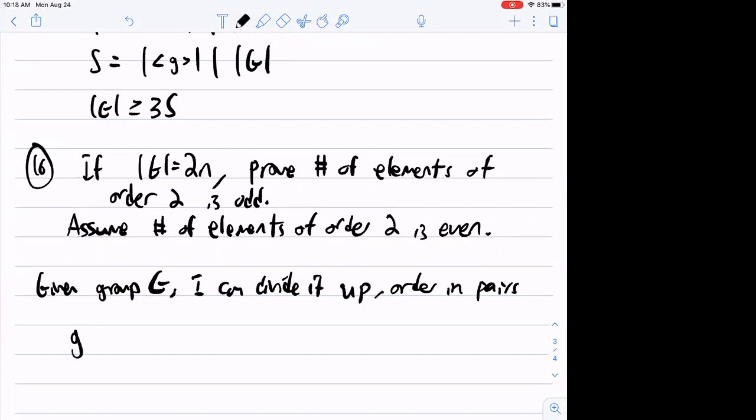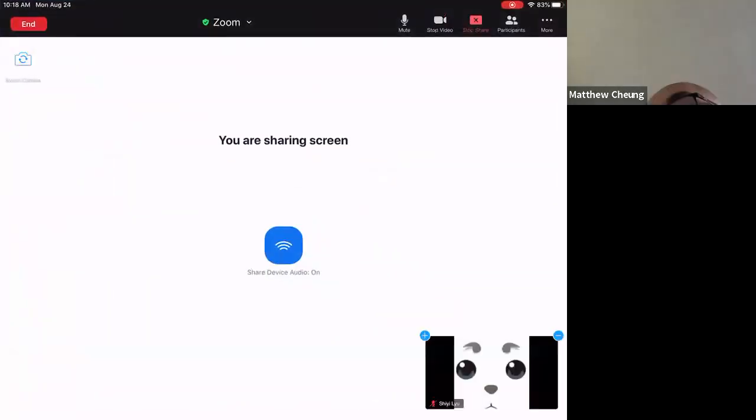Well, if I have g, what must exist by the group laws? What must exist? So given g, what's the third property of a group? What must I have? So there's associativity, identity, and what's the last one?